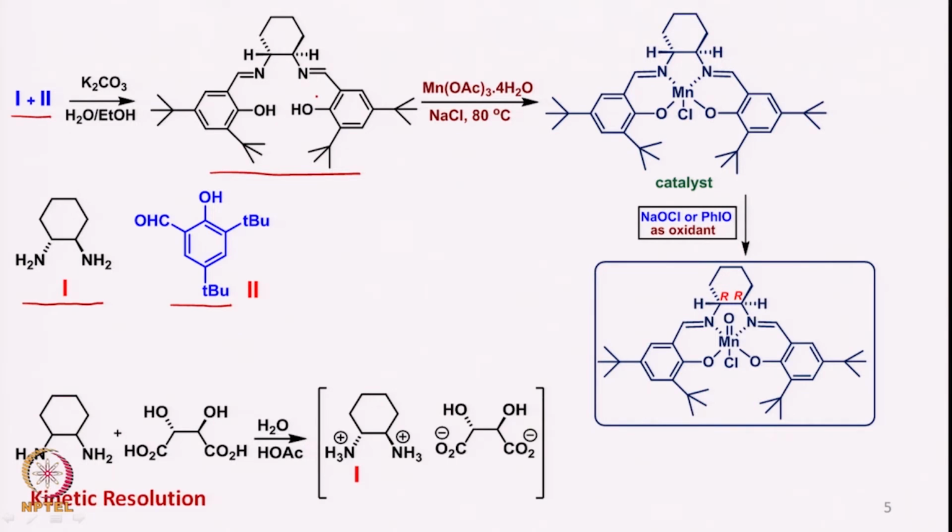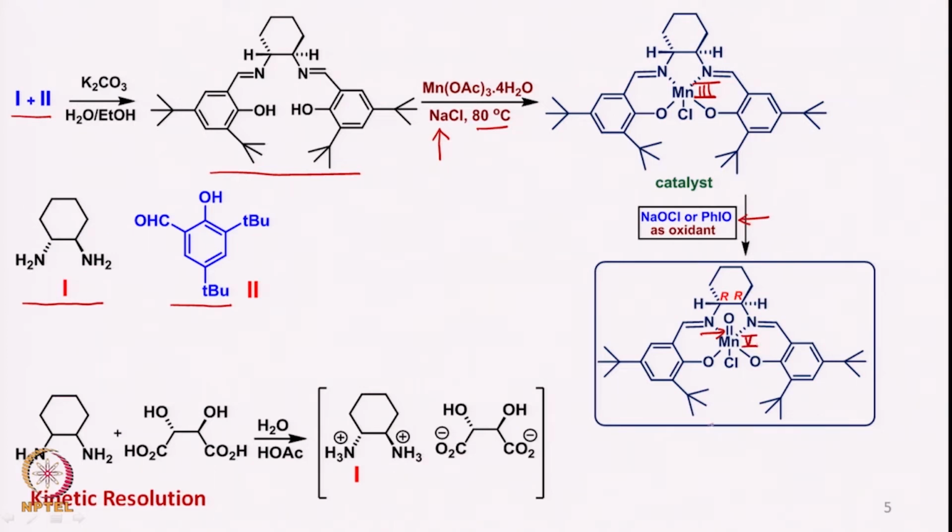molecule, which upon reaction with manganese triacetate at 80 degrees in the presence of sodium chloride, we get here manganese 3, and such a complex is formed which can now be oxidized to the corresponding oxo complex here using an oxidant such as sodium hypochlorite or iodosobenzene, and of course this exists in the manganese 5 form.